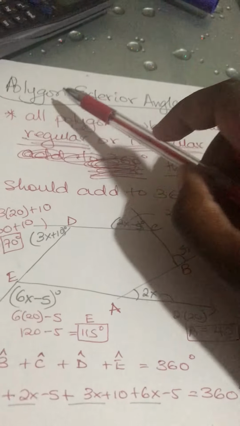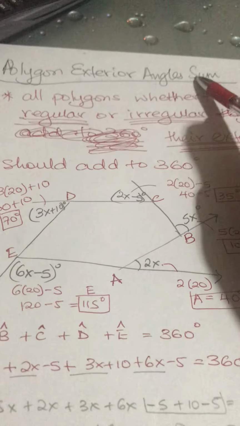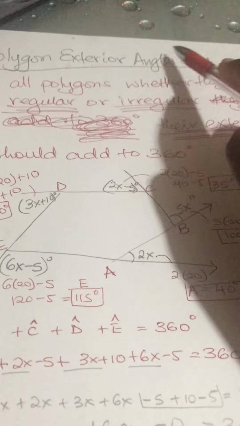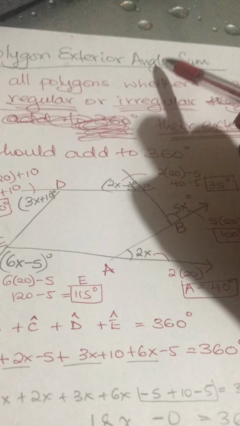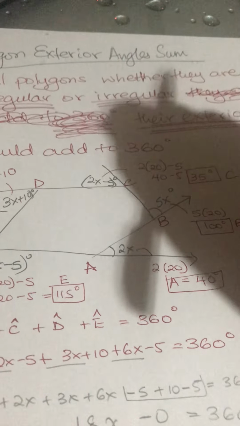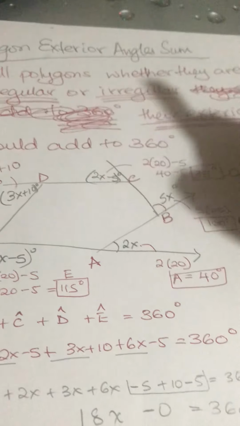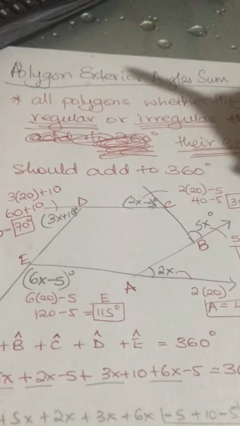Okay, we finished that. Now we are doing polygon exterior angle sum. You should know that the exterior angles of any polygon should add up to 360. Whether it is regular or irregular. If I add all the outside angles, 360.